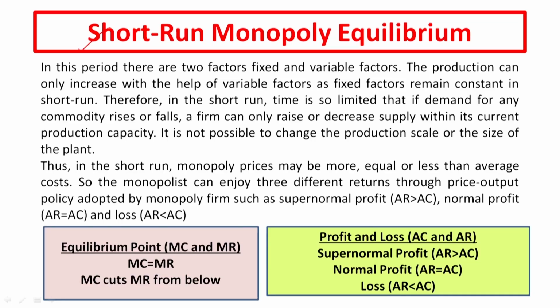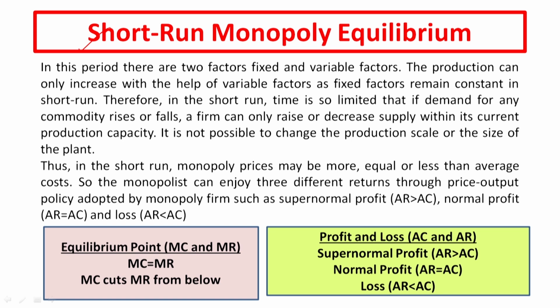Short run monopoly equilibrium. In short run, there are two factors, fixed factors and variable factors. You cannot change the fixed factor. In order to change the output, you can do it with the help of variable factors. In short run, you cannot increase the supply as per the demand.